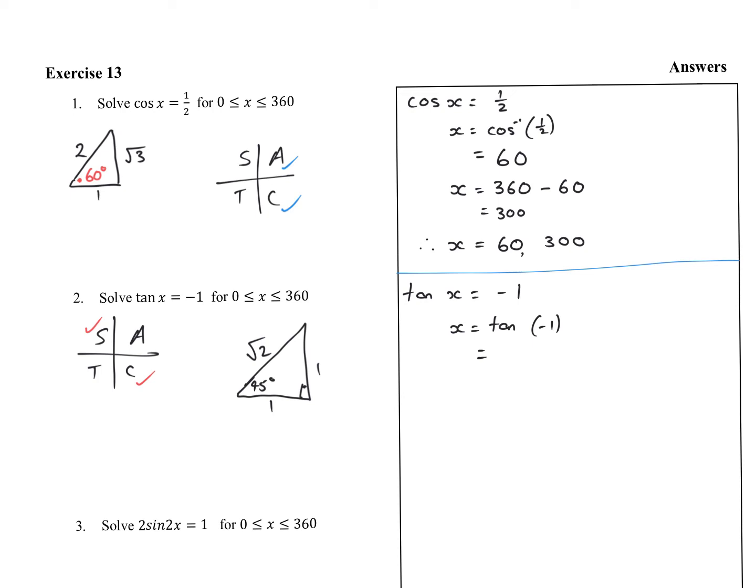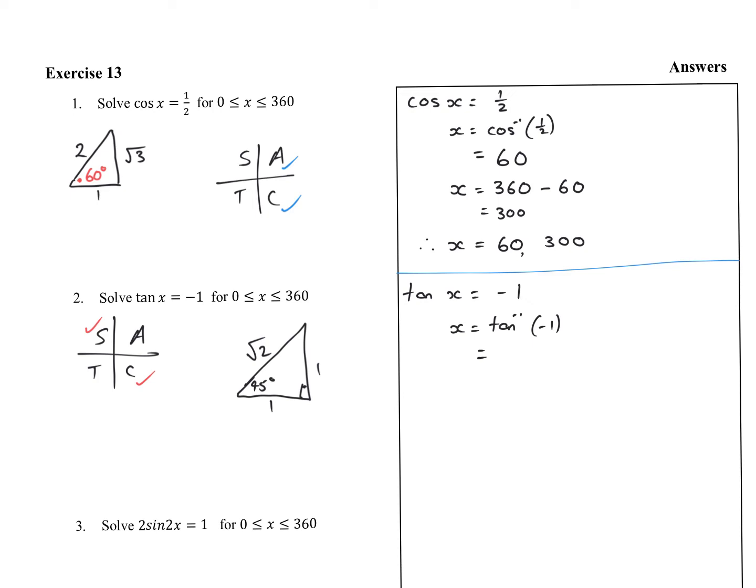hang on, I'm just trying to think how to explain this. Okay, so I'm just thinking about how to work this out because we've sort of got to say in the first quadrant.